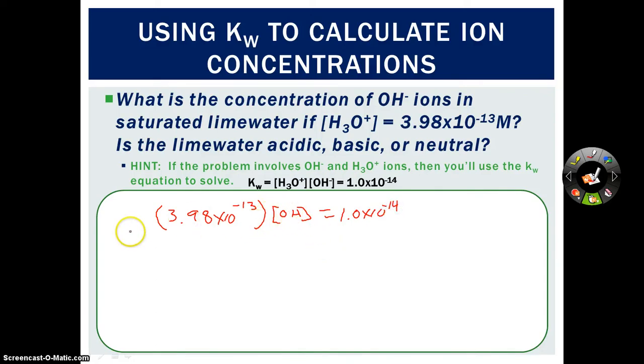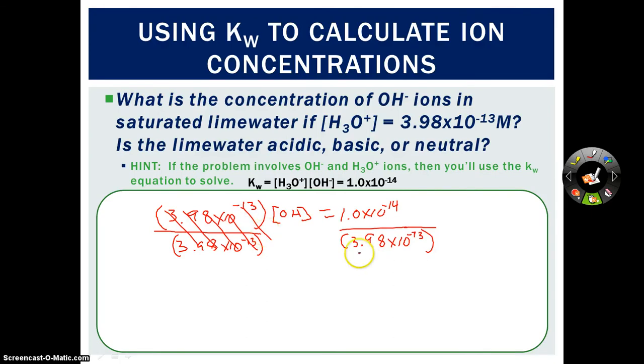So to solve for OH, I need to divide both sides by this. It's a good idea to keep it in parentheses so that you're telling your calculator to do the right thing here. Remember when we use these big numbers in scientific notation, especially if you don't have that EE button on your calculator, it's a good thing to put parentheses.